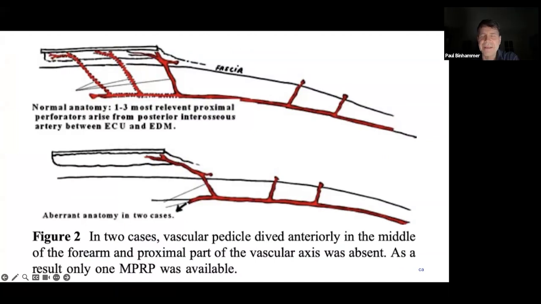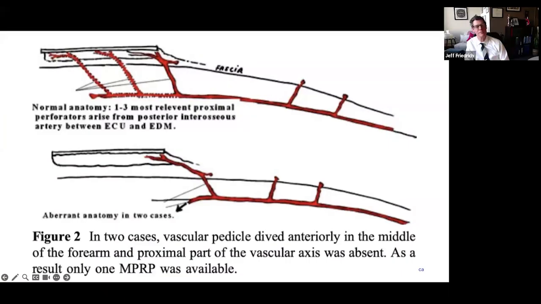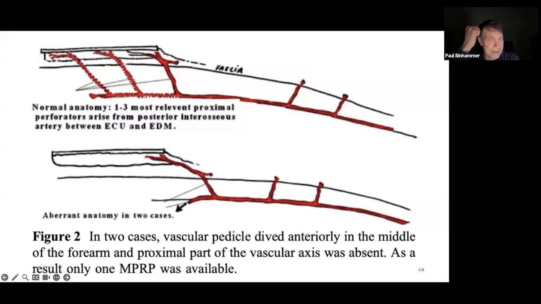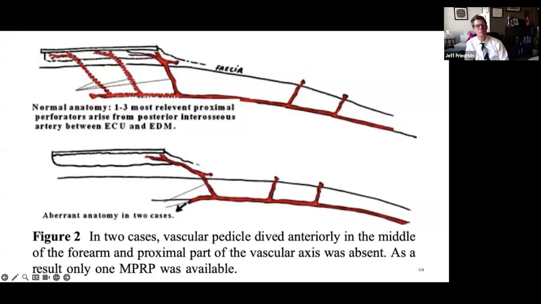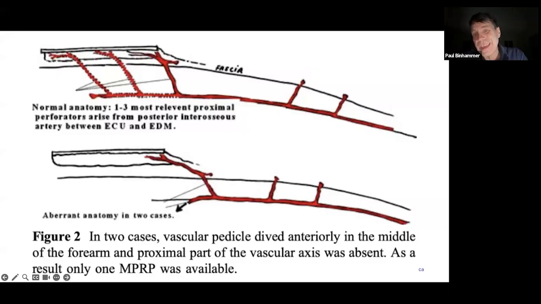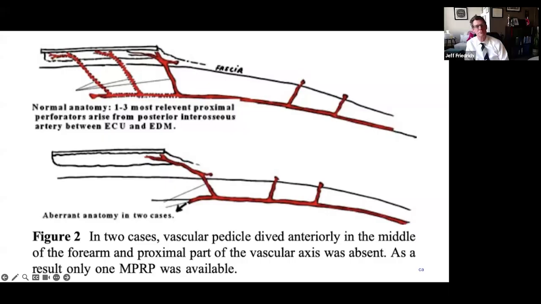Yeah, I like this flap just as much as any other flap. I haven't had to abandon one yet. So far so good. They do in their description, which I thought was really good.